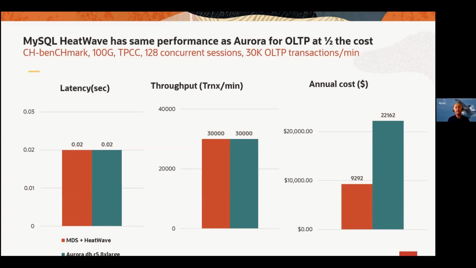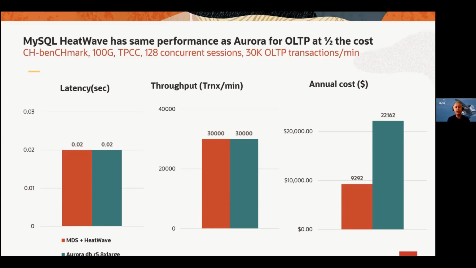So the reason this result is very interesting is what this is showing us: regardless of the kind of queries or workloads you may have, you're always going to save money as you migrate from Aurora to MySQL HeatWave. For all the workloads you have, for all queries, all statements, your performance will be the same or better or much, much better with HeatWave.